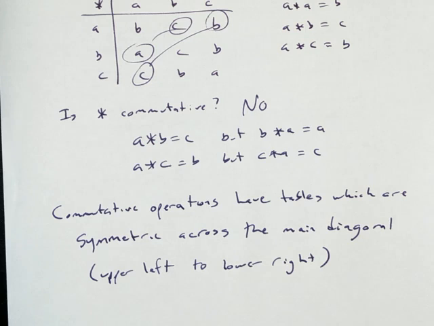And every ordered pair has to produce one and only one output. So in the same way that we described a set as being well-defined, I need to describe my operations as being well-defined, and those are the two properties.